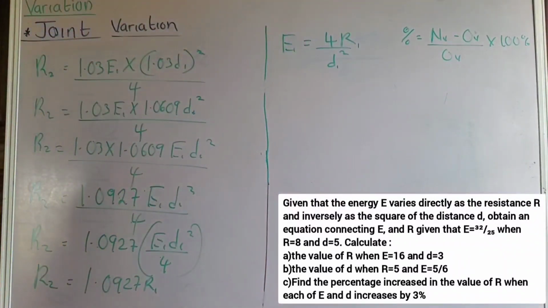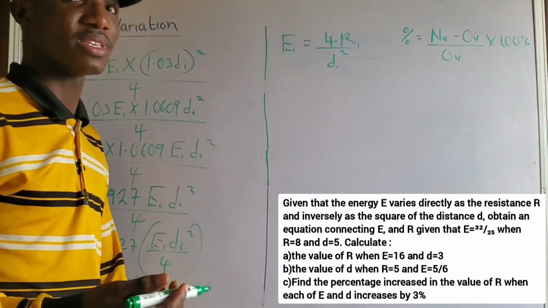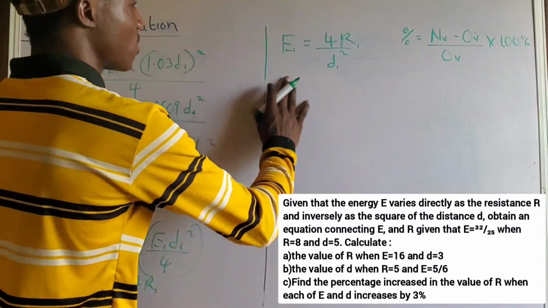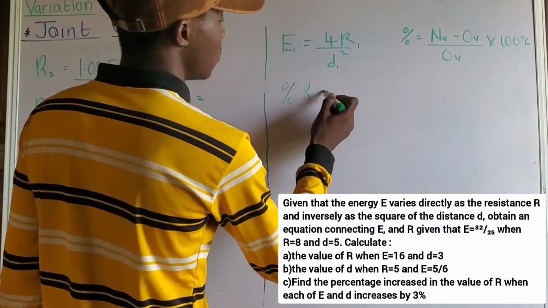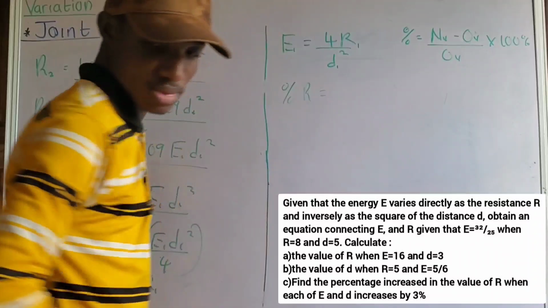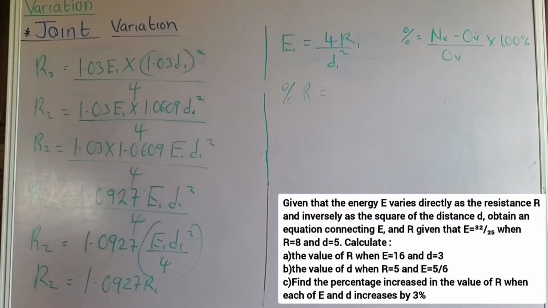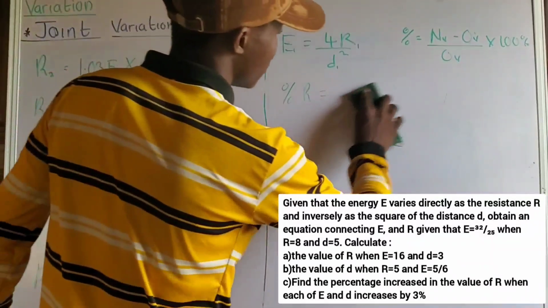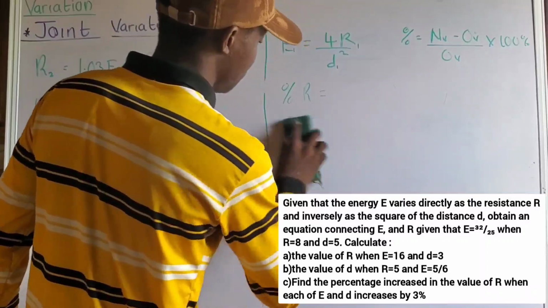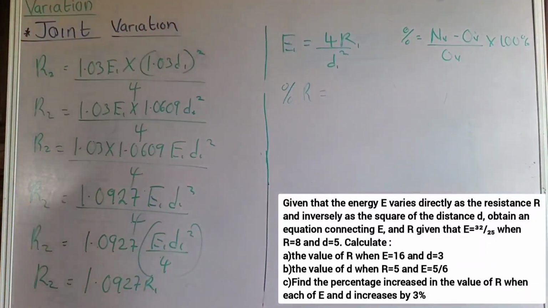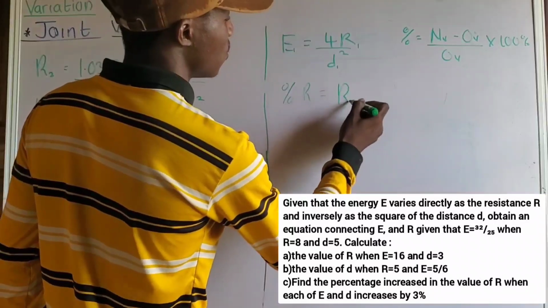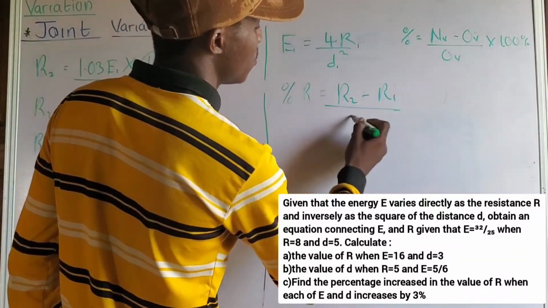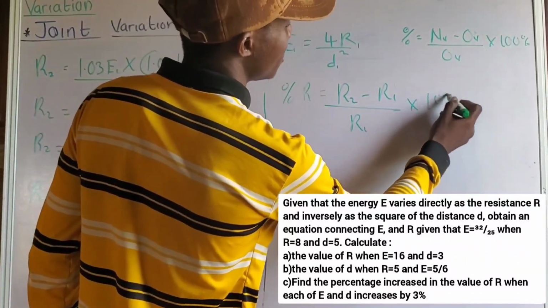The new value of r is r2 and the initial value of r is r1. The percentage increase in the value of r is equal to r2 minus r1 all over r1, multiplied by 100.